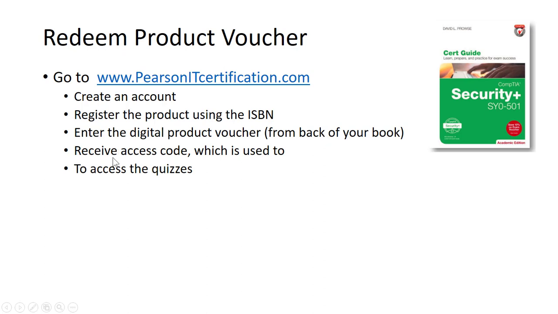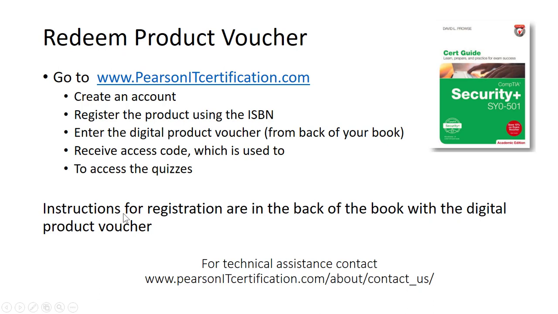And then you receive an access code. And the access code is used to access the quizzes. All of the instructions for registration are in the back of the book with the digital product voucher, but if you get stuck, you can contact PearsonITCertification.com for technical assistance, and you access them by going to PearsonITCertification.com/about/contact us.